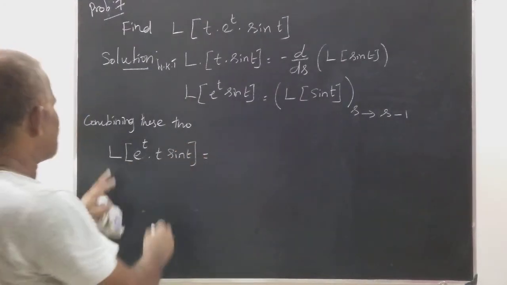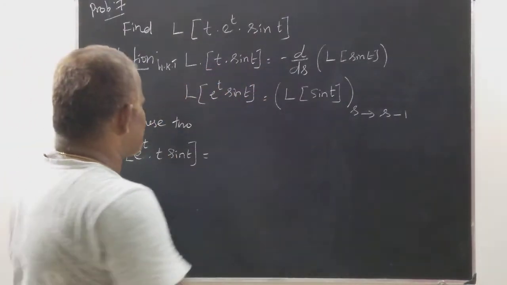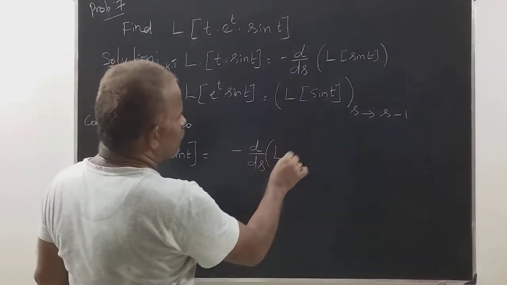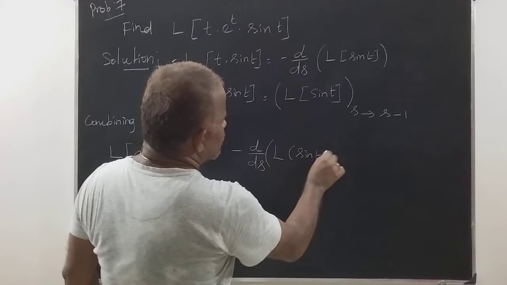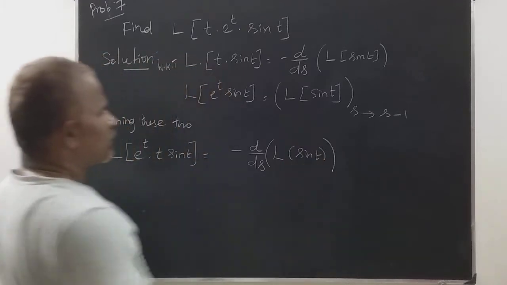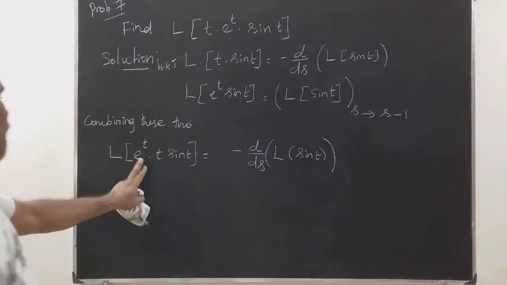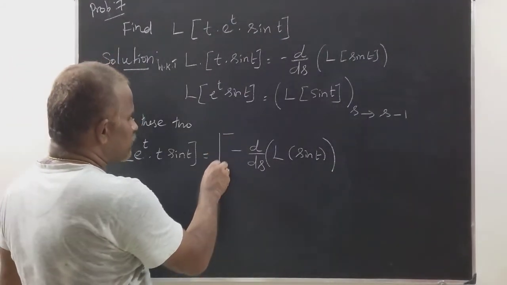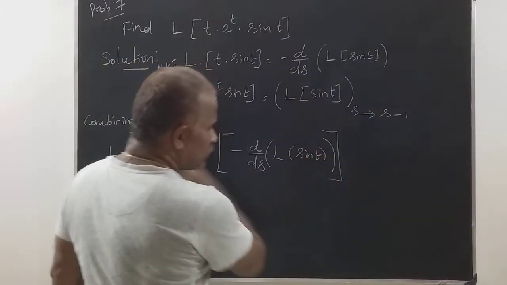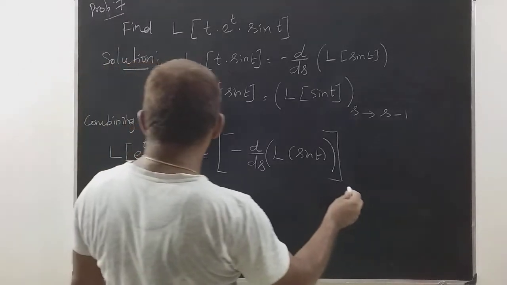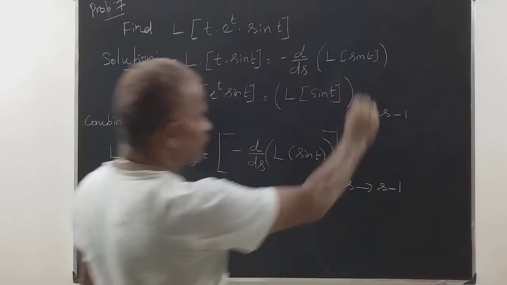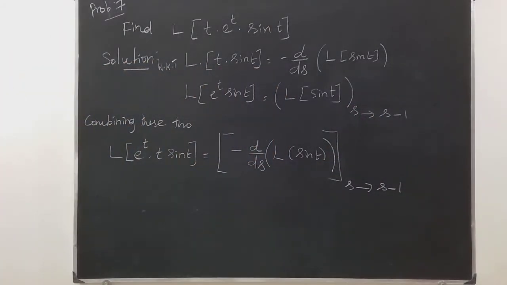This is equal to Laplace transformation of t sin t, which is minus d by ds of Laplace transformation of sin t. So the e power t is nothing but, therefore in the total result we have to replace s by s minus 1.